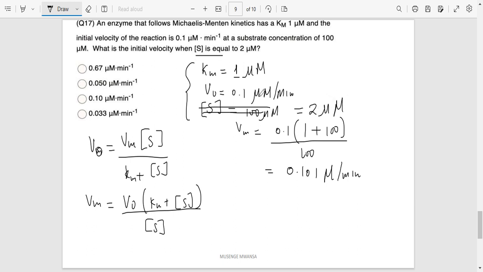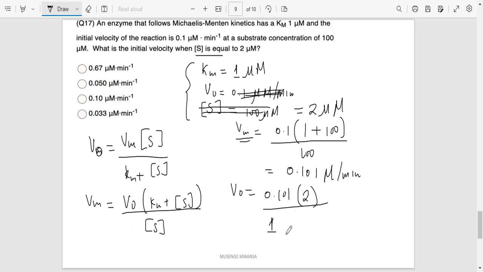We now know the maximum velocity, and we actually want the initial velocity, not the concentration. So the initial velocity is going to be the maximum velocity, 0.101, multiplied by the concentration of the substrate, now 2, then divided by Km.